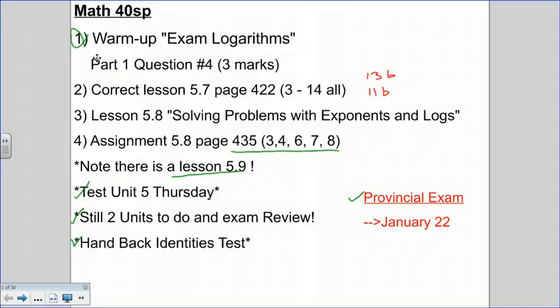Others? Yeah. 12D? Yeah, that one is like the question we just did, but there's a double base on the left-hand side there.